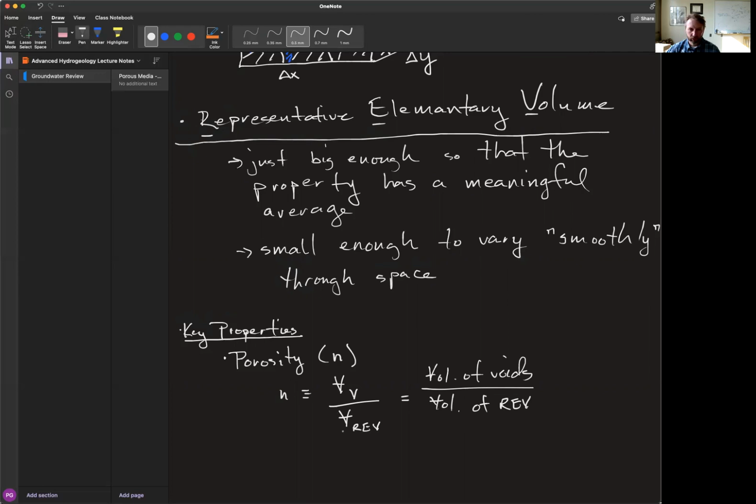It just sort of distinguishes volume versus velocity or something like that. All right, so volume of voids over volume of REV. A volume is length cubed. So I have a length cubed over length cubed. And so porosity is unitless. All right, it's a dimensionless ratio of volume.